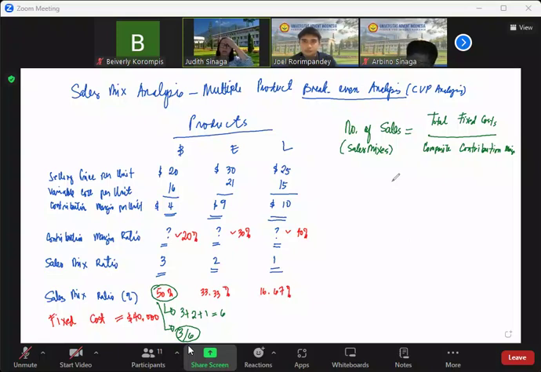We are going to find the sales mixes to break even. So you compute the total cost. You have the fixed cost, 40,000. How much is the composite contribution margin?